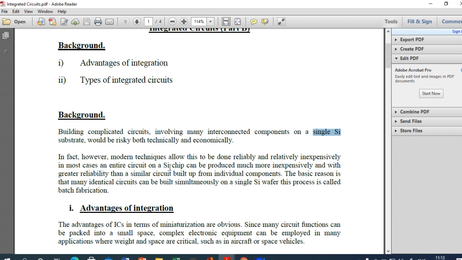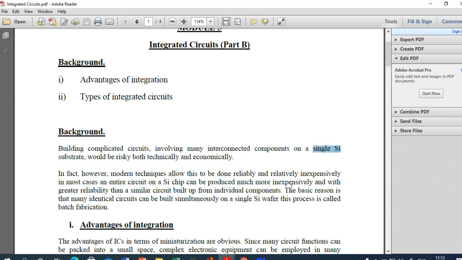The best example for ICs is the processor used in desktops, like your personal computers, or in laptops, or these integrated circuits are also used as processors or controllers in your mobile phone. We call them integrated circuits, which are built with a complicated circuit but on a single silicon substrate. So that is about the background.